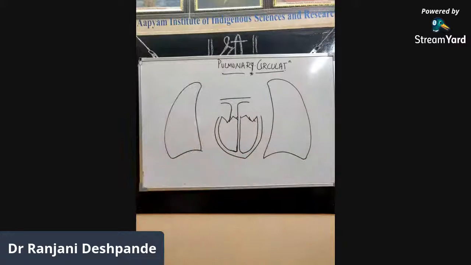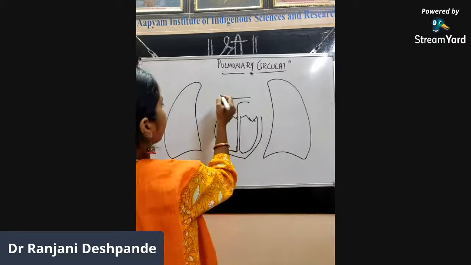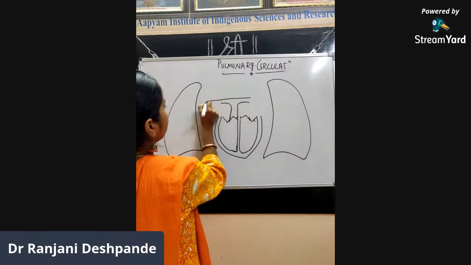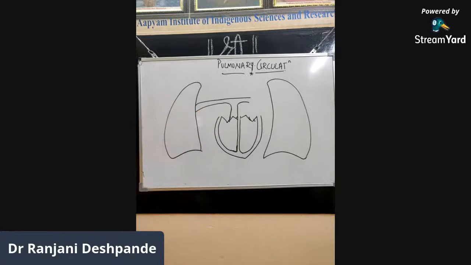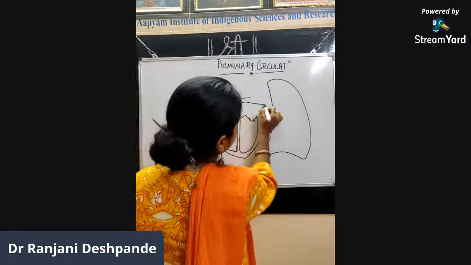Suppose we are drawing both the lungs. Now we have the right pulmonary artery, the right branch of the pulmonary artery, moving into the right lung.